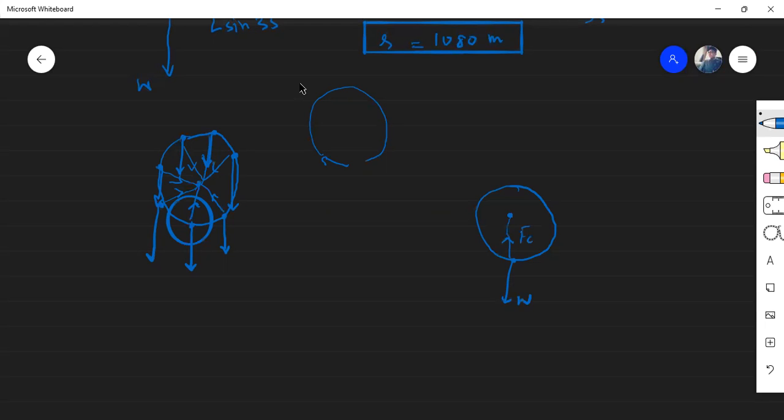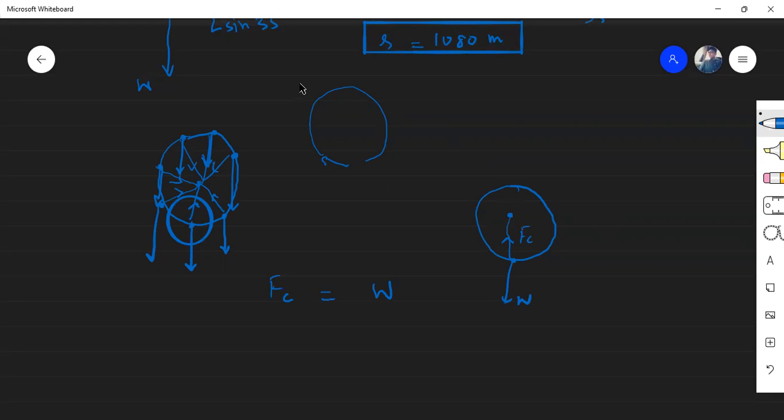Now, if this centripetal force was equal to the weight, can we say that the pilot is going to experience weightlessness at this point? Yeah. So just keep this information in mind.